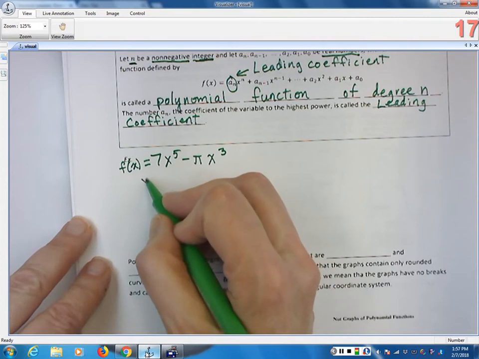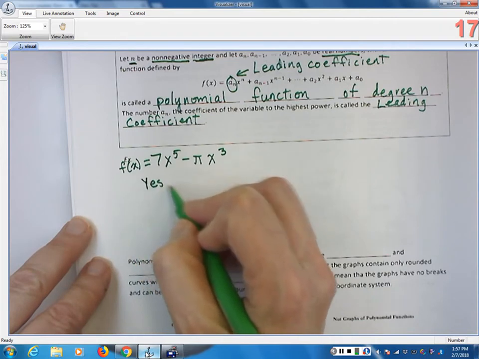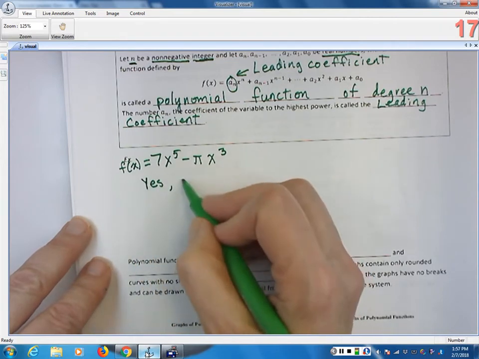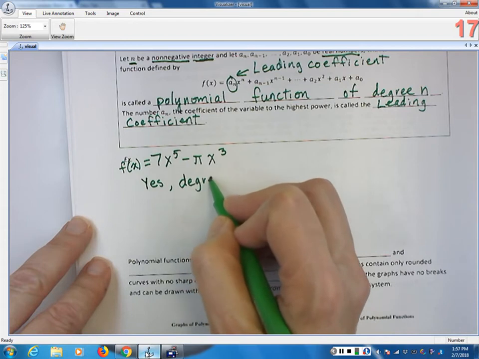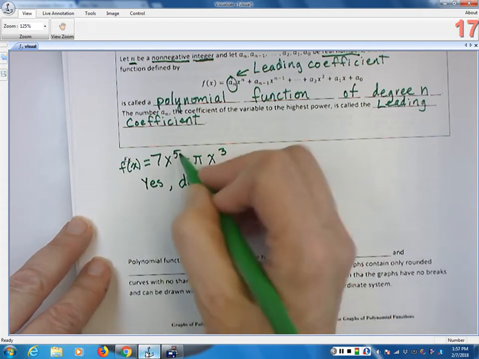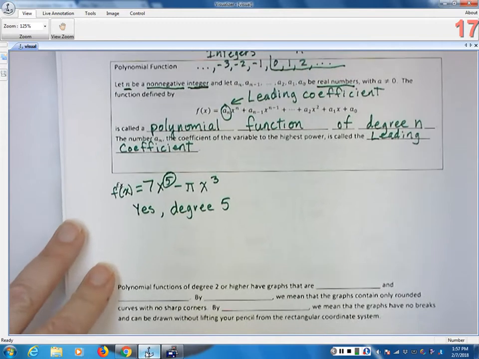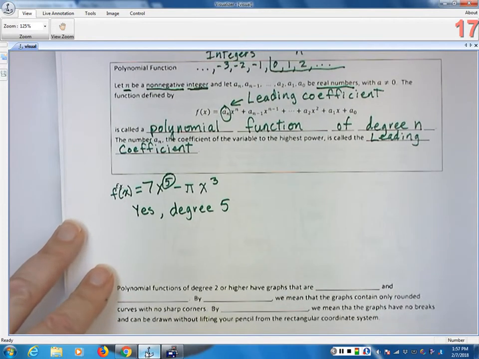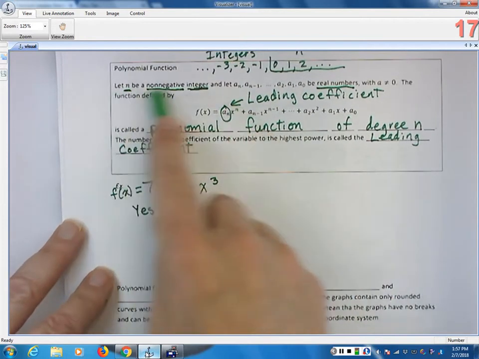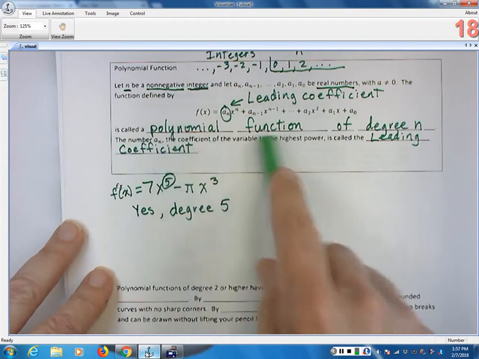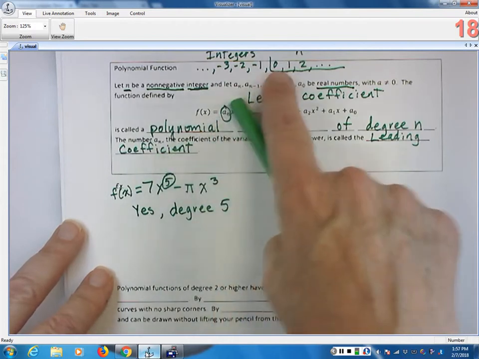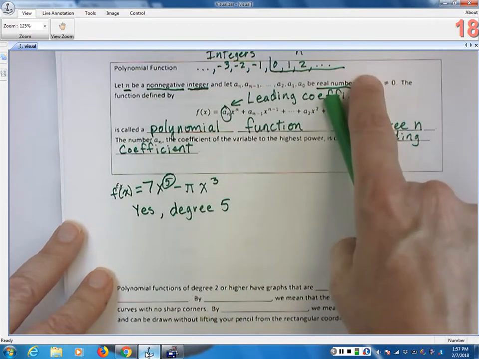What did you guys say? Yes. What's the degree? Degree 5. Right, that's the highest power. So what we're talking about is that the exponents all have to be non-negative integers.